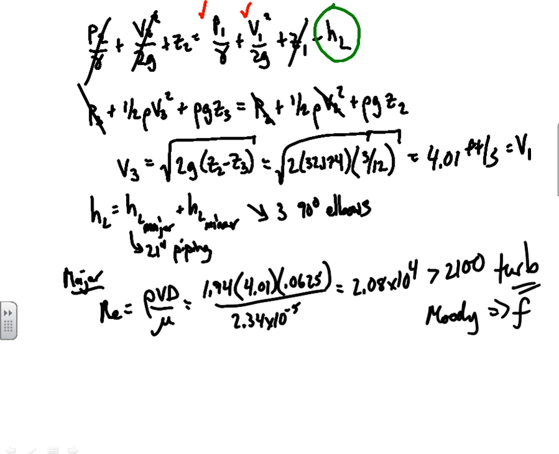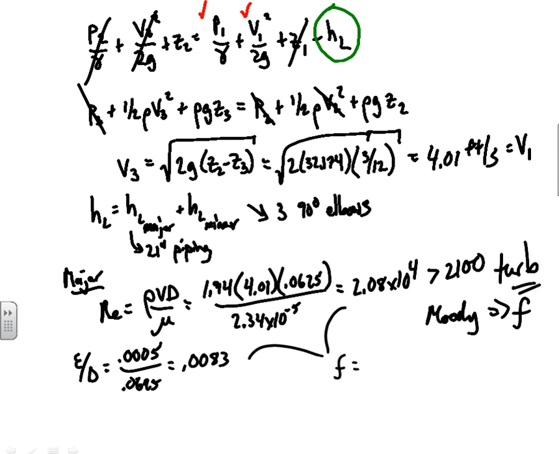To use a Moody chart, we need the relative roughness, epsilon over D: 0.0005 divided by 0.0625, and that's 0.0083. Now we have the relative roughness and the Reynolds number. Go to the Moody chart.